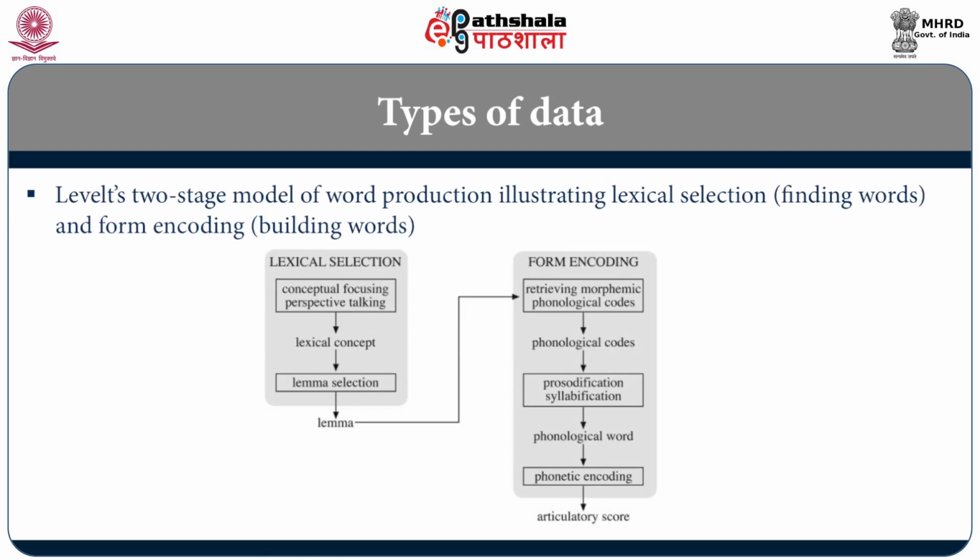The concept is then encoded with grammatical features or syntactic properties that are associated with it. Such encoded forms are lemmas. Lemmas are then codified with appropriate phonological features such as syllabification, stress, and so on. The final output is the audible form or the lexeme.